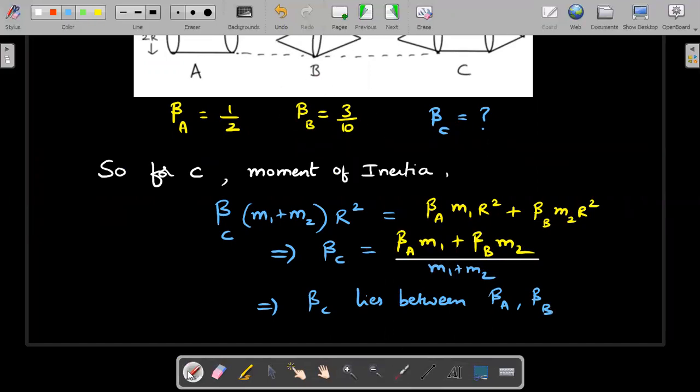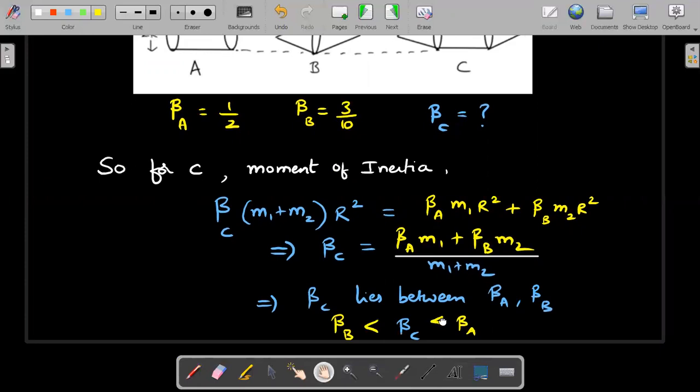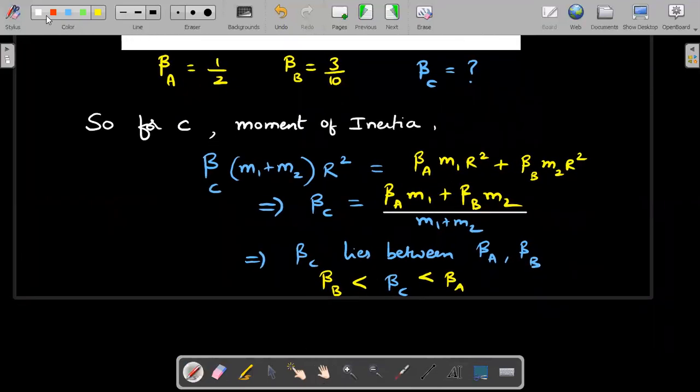Therefore, the required order would be: the least beta is the beta B, which is the double cone, and then comes the beta C because it lies between, and then comes the beta A, right? So in this particular order, you could see the winner of the race is this one. So time duration wise, you have to reverse this thing.